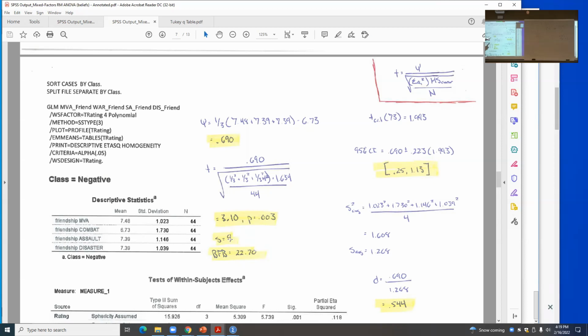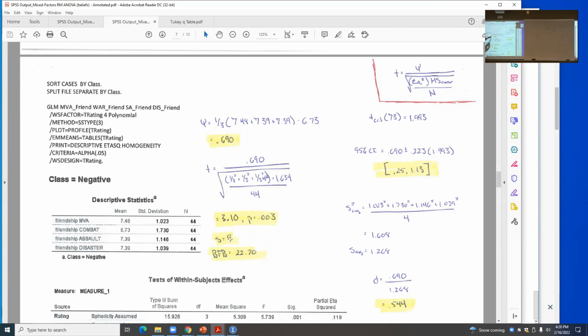Josiah, what does that 0.69 tell me? How do I interpret that? What does the value of that contrast mean? Amanda? Means that the MVA, assault, and disaster are 0.69 higher. It's just an average difference of those, right?